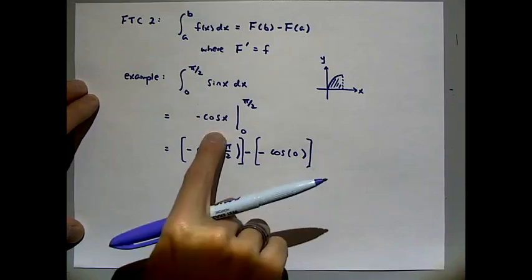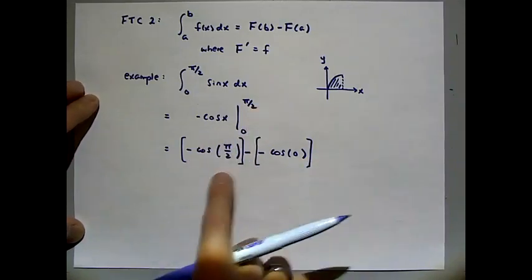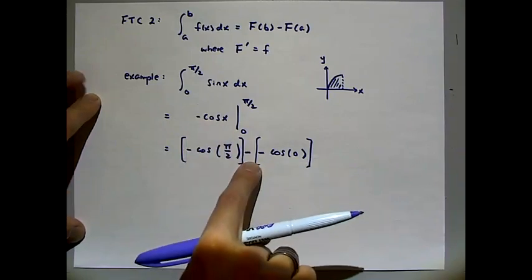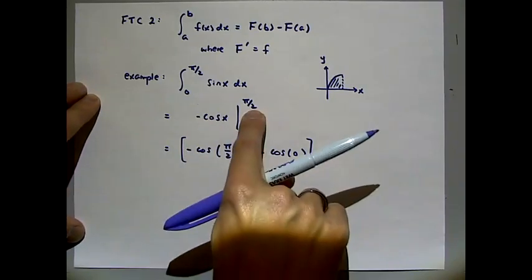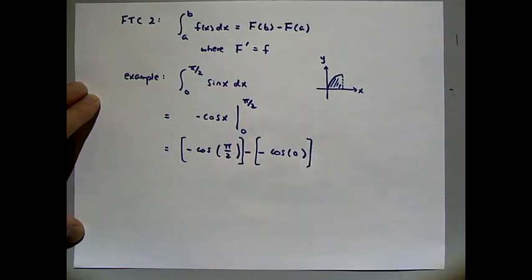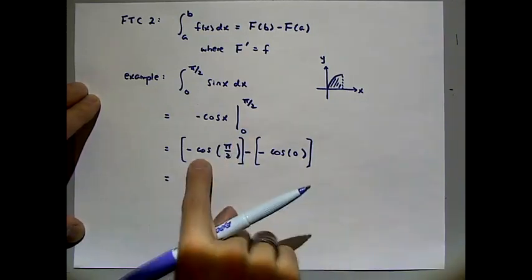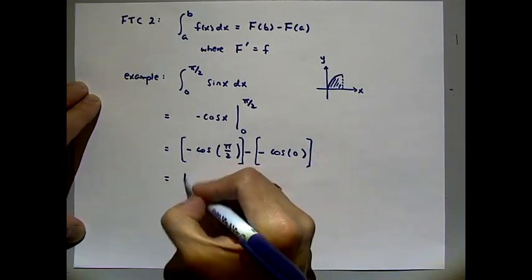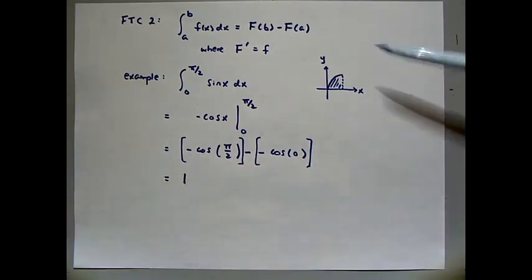All right, so that function right here with x being pi over 2, and then the same function with x being 0, take the difference. Be careful, you work with this first, and then that, right? And here we get 0 minus negative 1, we get a 1. So that area is exactly 1.